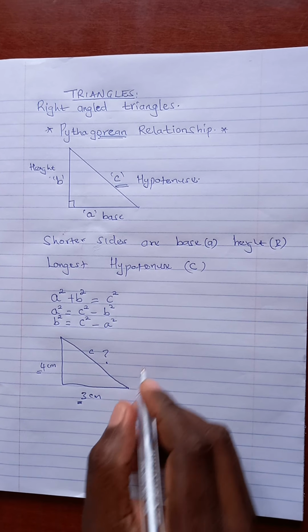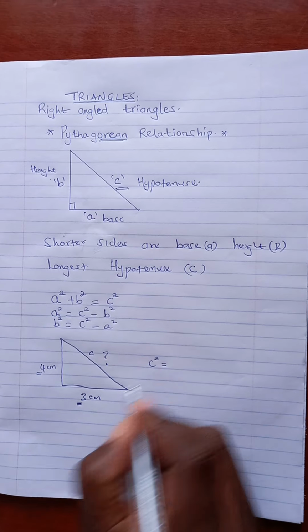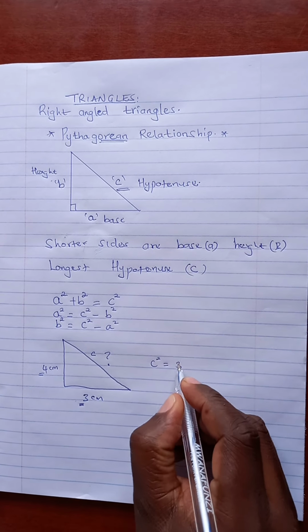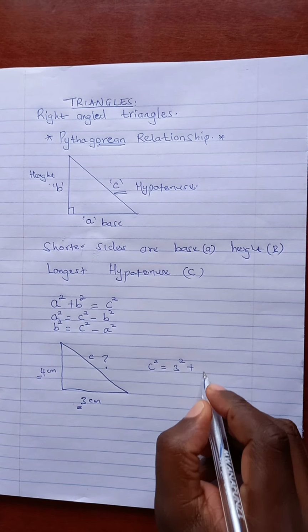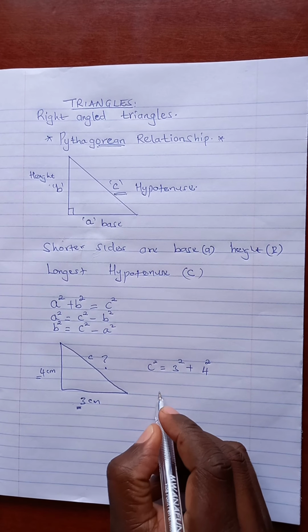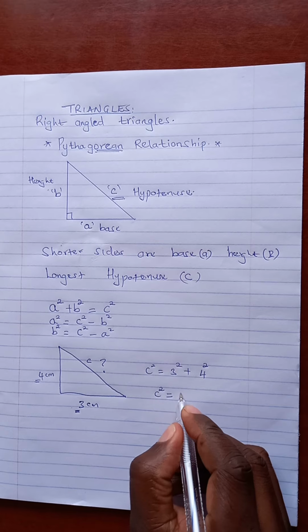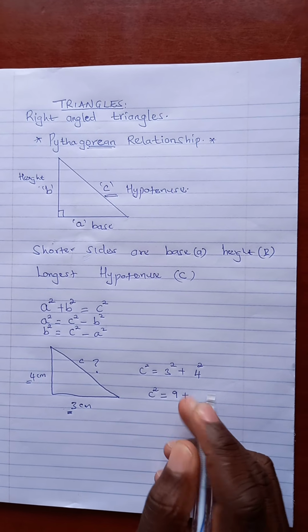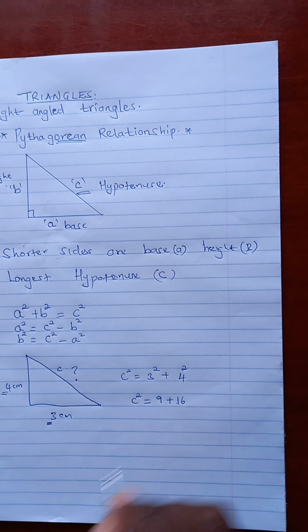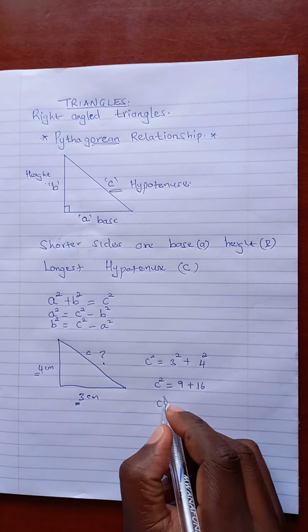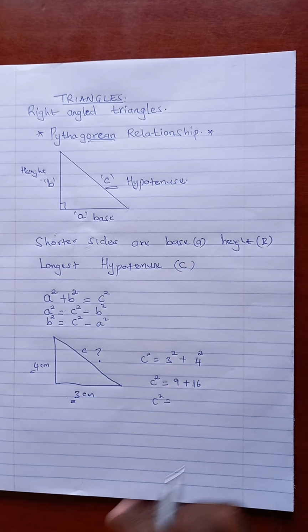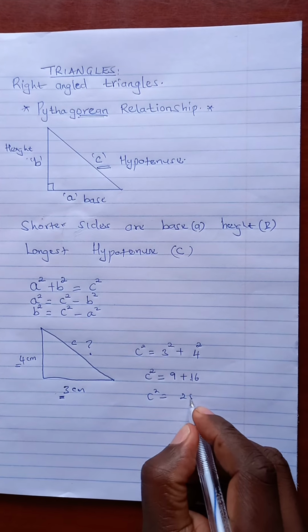So in our case, C squared is equal to 3 squared plus 4 squared. C squared is equal to 3 times 3, mental sum is 9, plus 4 times 4 is 16. C squared is equal to 9 plus 16 is 25.